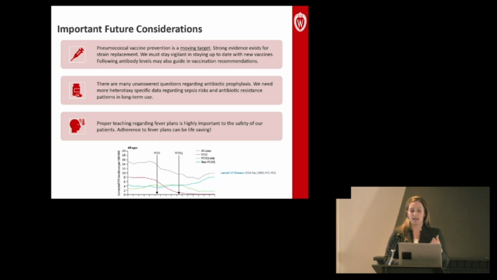Unfortunately, although this is not happening super quickly, there is evidence of strain replacement shown by the Lancet Infectious Diseases paper on the bottom, meaning that as we protect for certain serotypes, the ones that we don't protect for are going to be more common. And so we have to stay up with the literature of new pneumococcal vaccines and following levels and seeing how we can best protect our patients.